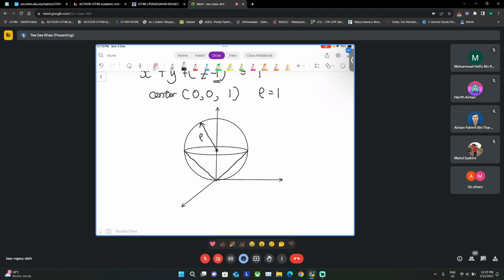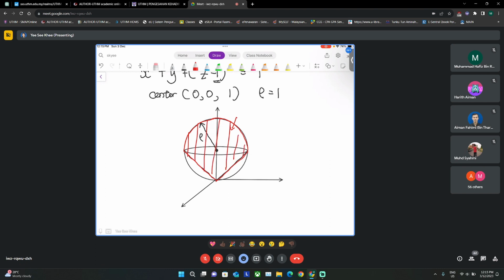This is the cone. So the top of the solid is bounded by the sphere, and below by the cone. So you see this solid now. It refers to this part.